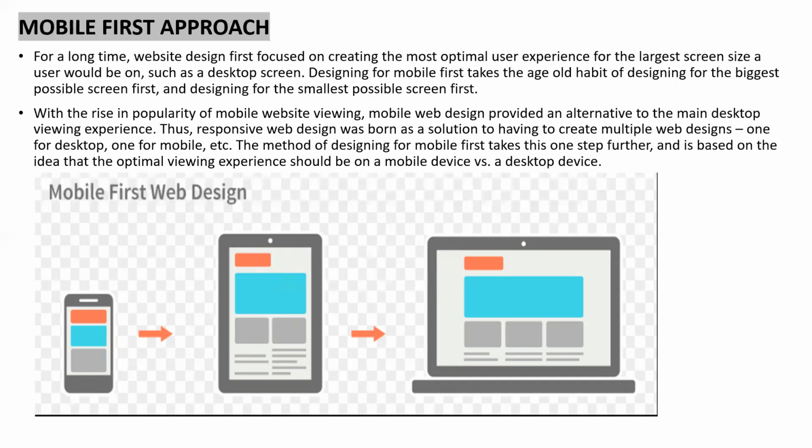This is how mobile first is differentiated. So this clears up what the mobile first approach is and how it starts when you develop a website, compared to earlier approaches, the responsive design approach and the mobile friendly approach.